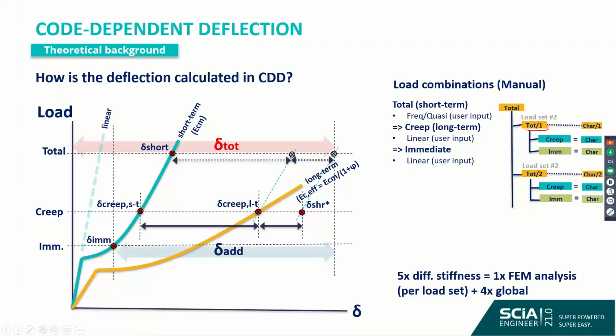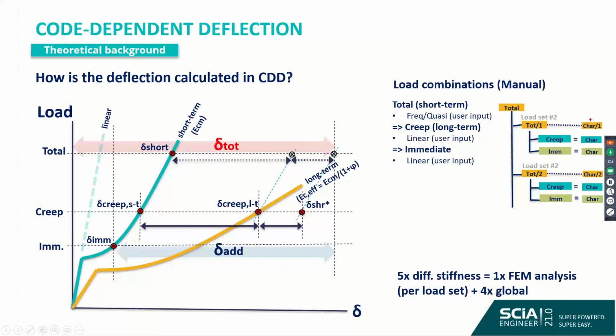So for each linear combination of total, the same combination is used for creep and the same combination for immediate deflection. So it's the difference, because for this load level of creep and immediate deflection, you assume the same load level for all linear combinations of the total envelope.